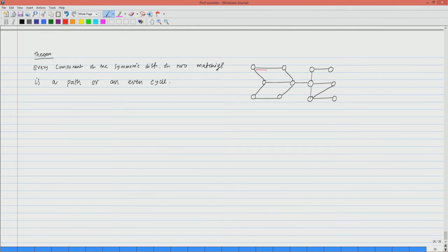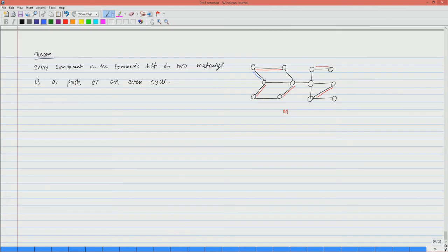So, this is one matching, maybe this red color matching is matching M, and so this is the matching M, and I will consider another matching, which I will denote by blue color.